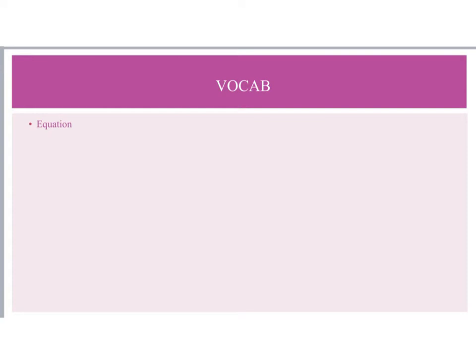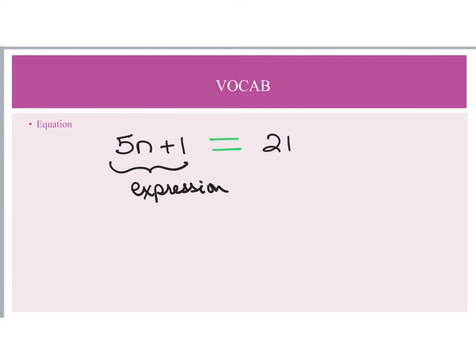So the difference between an equation and an expression would be something like this. 5n, we'll say plus 1. This right here is an expression, just like what we talked about in the part 1 video. At the point that I write the equals sign and set it equal to, let's say, 21, this now means that I have an equation.